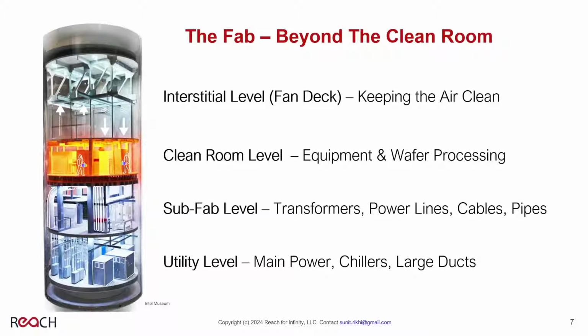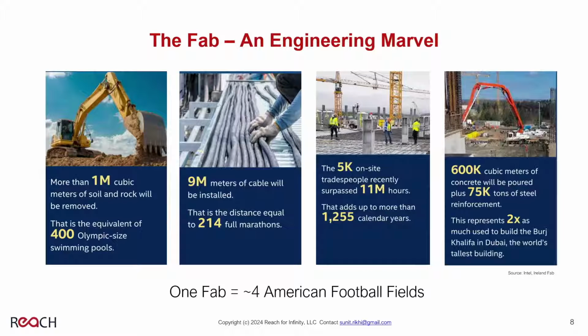Now, let me talk about what it takes to build it. This is Intel's Ireland fab. I don't know whether it's still under construction or recently completed, but it has some data that's interesting. The earth that is moved to get this fab constructed is more than 1 million cubic meters of soil.